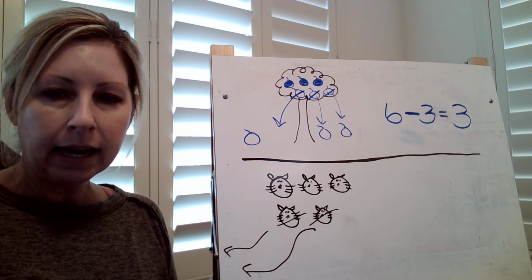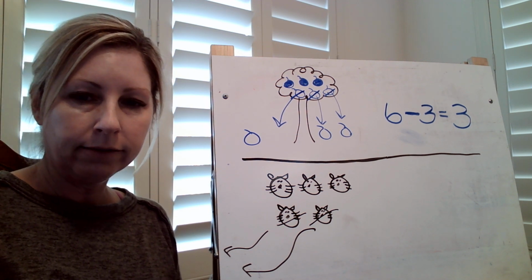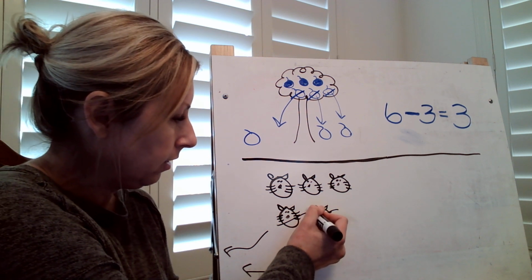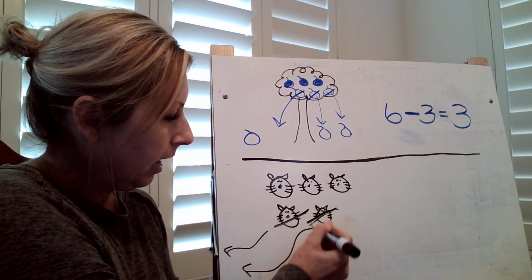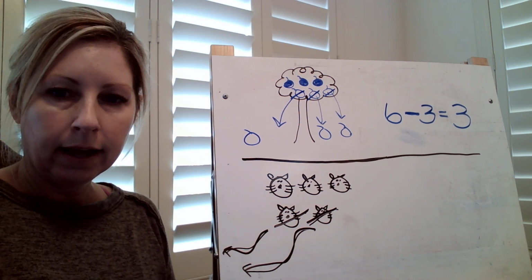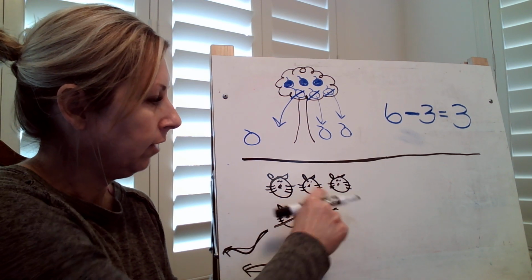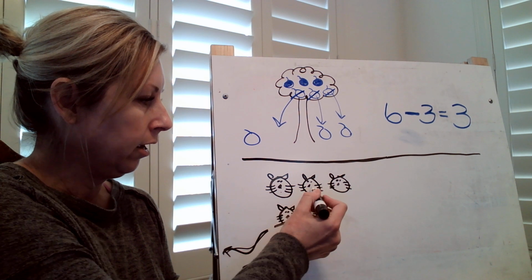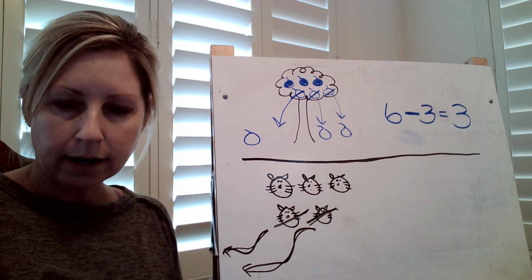So how many cats do I still have left? Well, if these 2 guys got scared and they ran away and I don't see them anymore, how many do I still have left? I still have 1, 2, 3.